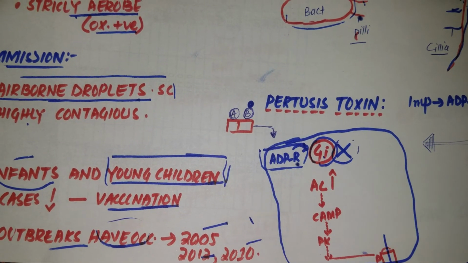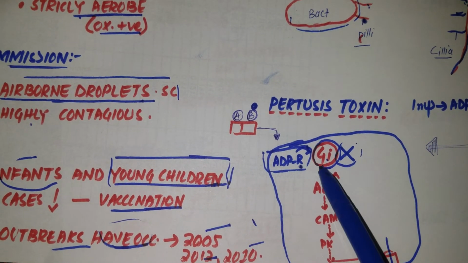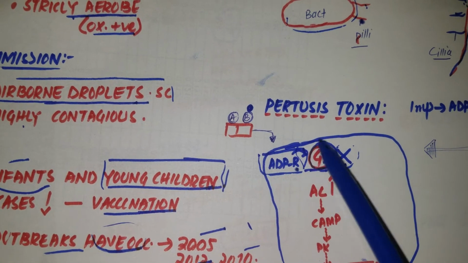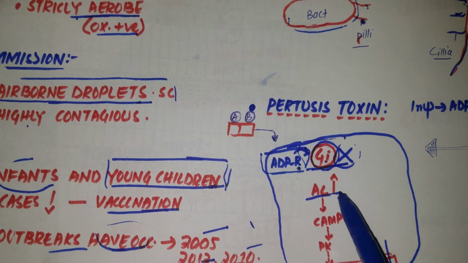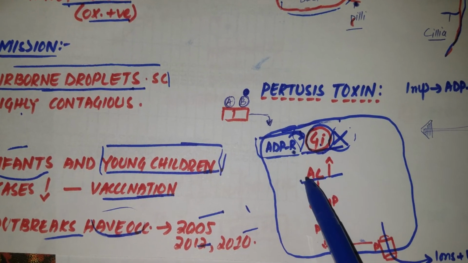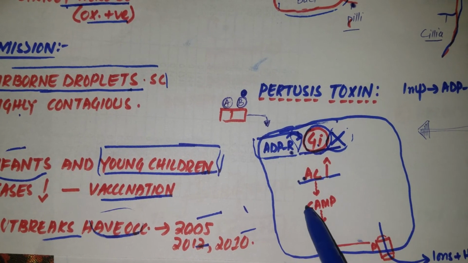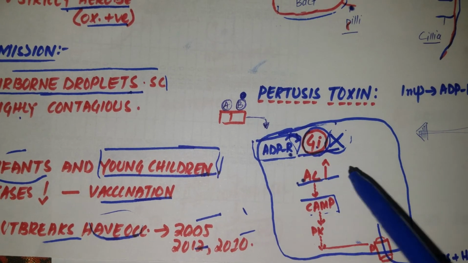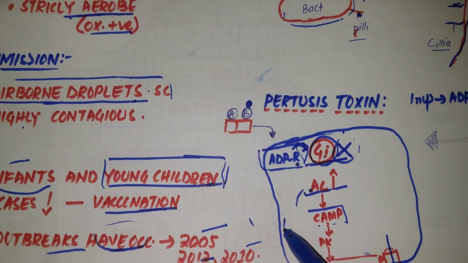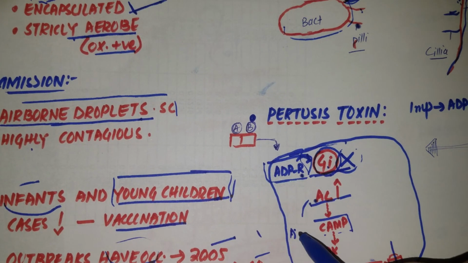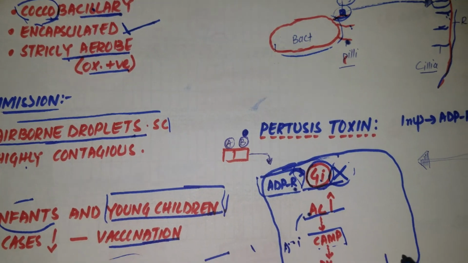the G inhibitory protein. When the G inhibitory protein is inhibited, it will cause increased adenylyl cyclase activity, which in turn will convert ATP into cAMP.